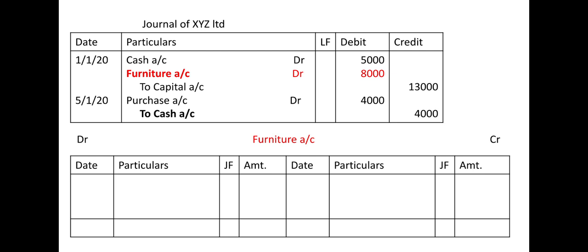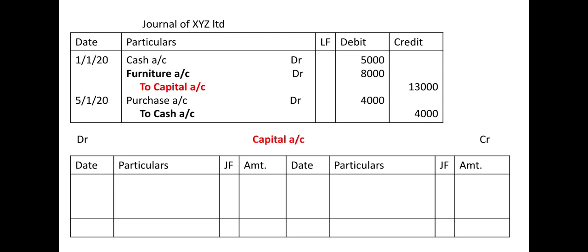The furniture account is debited, so posting will be done on the debit side, and the corresponding account is 'To capital' and 8,000. Let's write down the date first, 1st January. Then the corresponding account, 'To capital', and the amount is 8,000. So the furniture account is over.